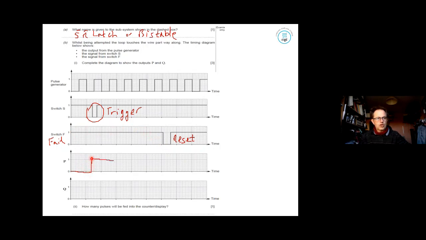Now that 0 will trigger and give me an output, and it happens with the rising edge on the pulse going in. It stays high, then we've got the reset coming in, so that reset is going to cause my output to go back down to 0. So P is the output, which is the Q.